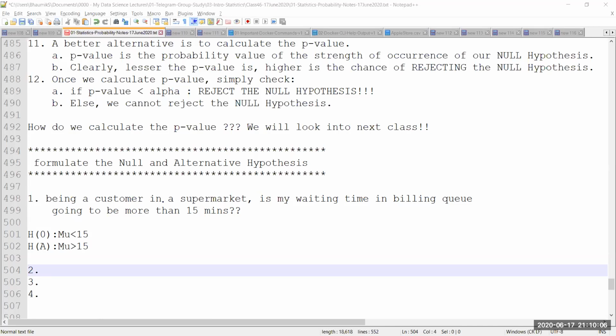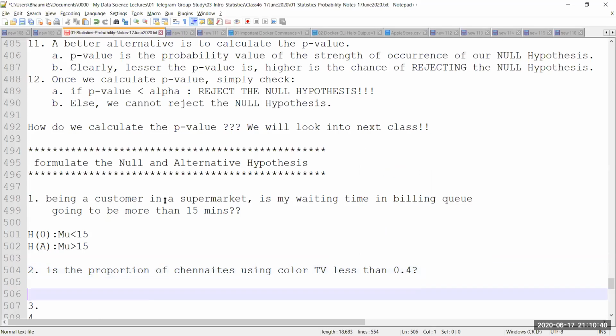So my question is, is the proportion of Chennaites using color TV more than 0.4, or maybe even better, I would like to be a bit optimistic, less than 0.4, because we are using digital TVs.